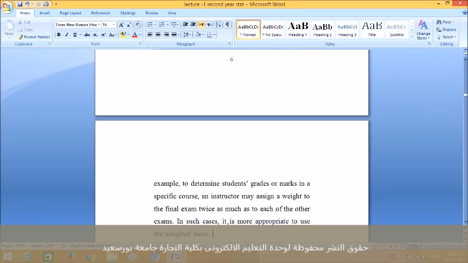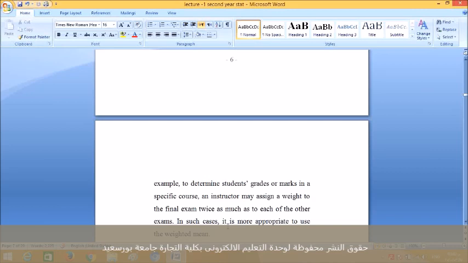Okay? So you have to understand that if you're given a weight for some observations, you have to use the weighted mean instead of the mean, right? But the mean is computed for observations with the same weights.